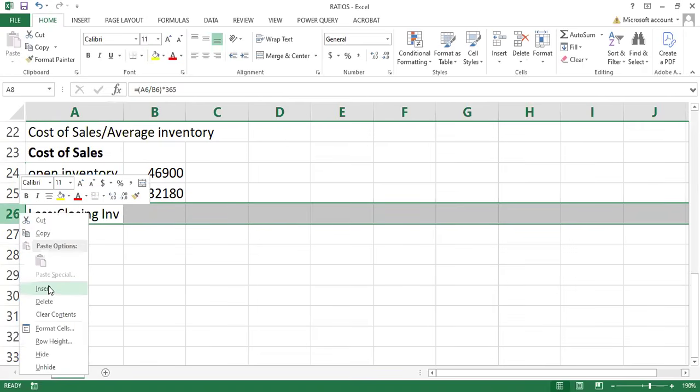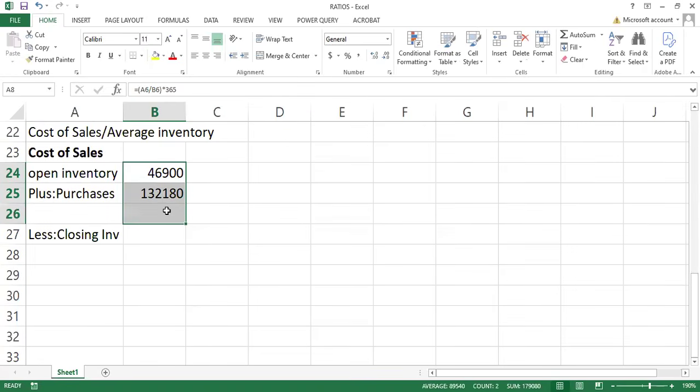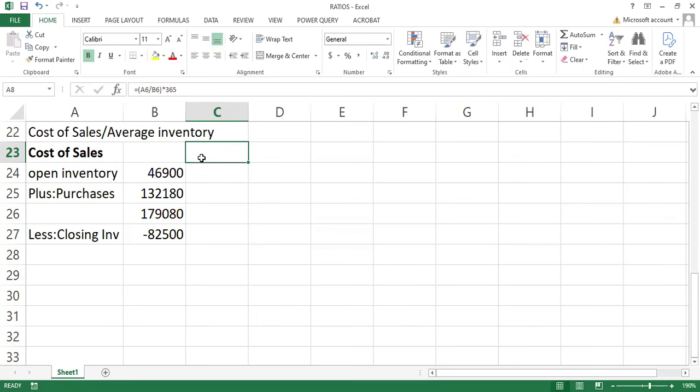Let me just add the line here so that I can add these two. Then we say less the closing here, it is 82,500. So I'm going to say is equal to this amount plus, remember this one is a negative, so I need to say plus. But if it was a positive one, I was supposed to say less. So I get that one.